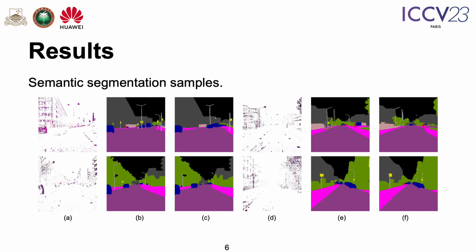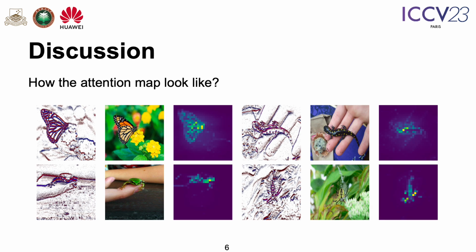Here are semantic segmentation prediction examples of our method on the DSEC dataset. We visualize attention maps of our pre-trained model, showing that it successfully focuses on semantically meaningful objects on the noisy event images.